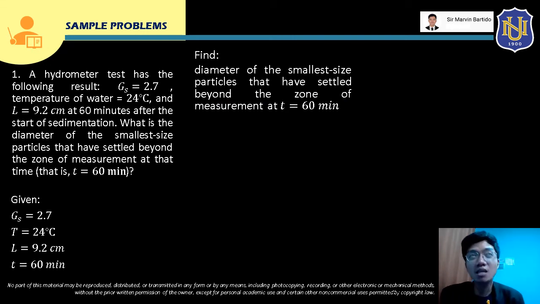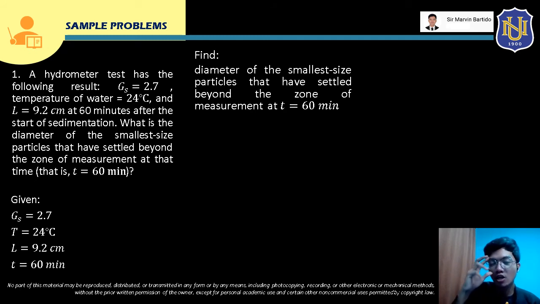Class, di ba, yung mga nagsettle na soil particles, yun yung mga particles na hindi nag-pass through dun sa diameter natin or greater than the size ng diameter natin na sinosolve. Ibig sabihin, class, kapag sinolve natin yung diameter, makukuha natin dun yung smallest size particle na nagsettle.